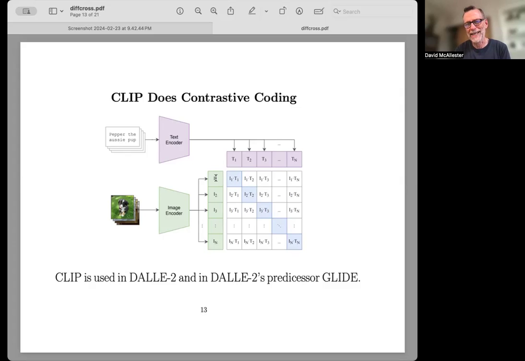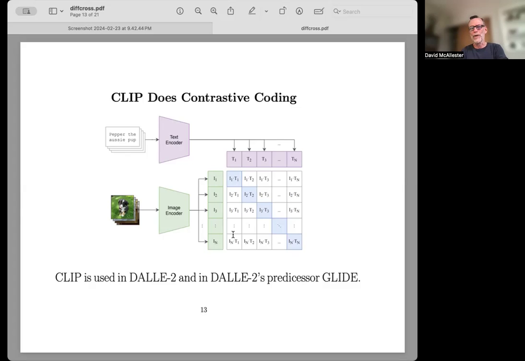So you're asking this classifier to pick the text, and it's scrambled. So the classifier doesn't know that the text is not in the first position. It has to classify this and say which text was the image associated with. And another classifier is going to take text and ask which image is it associated with. So this is called contrastive coding, optimizing this problem.